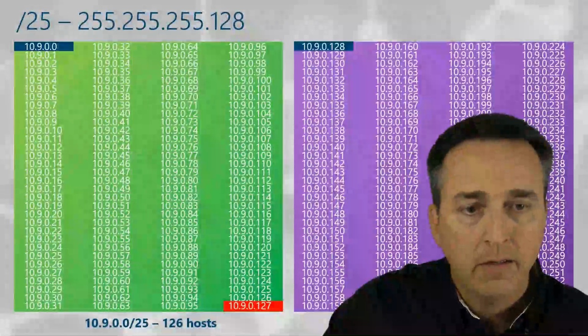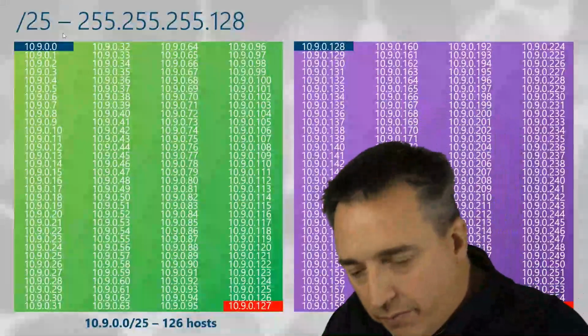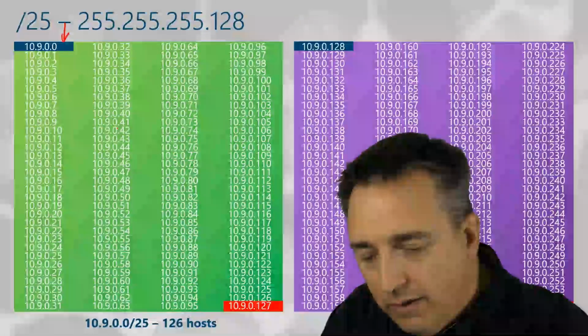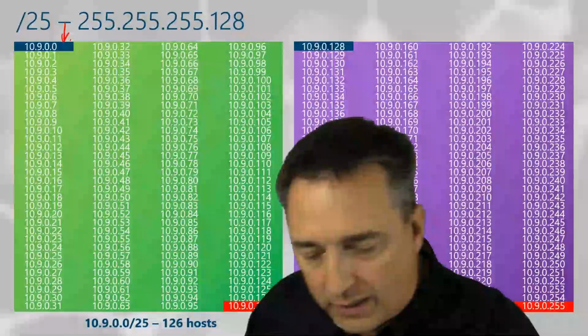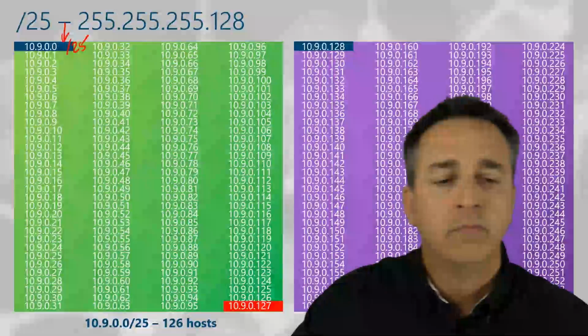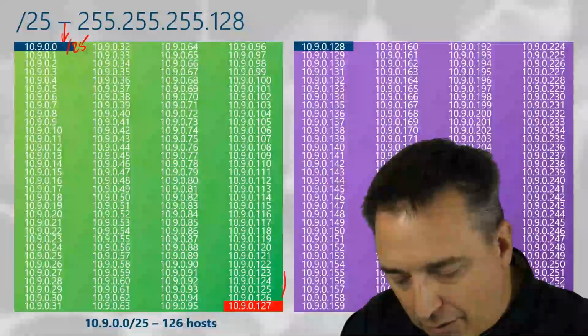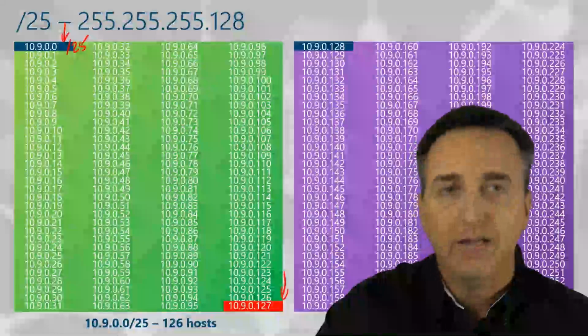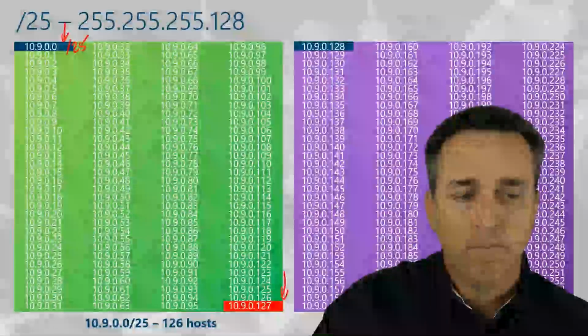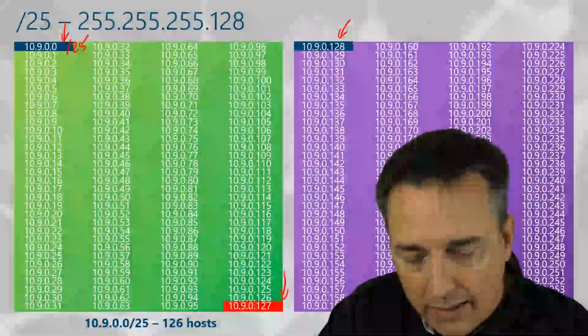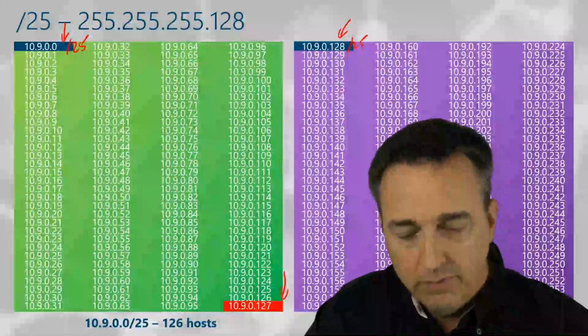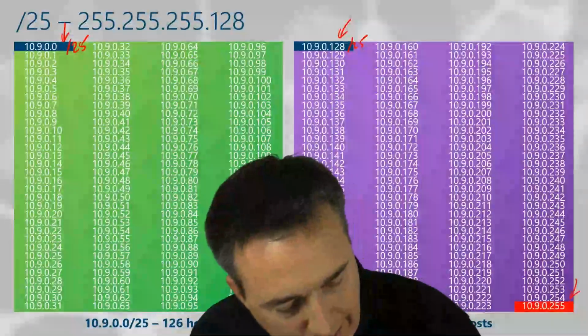Okay. So now look at your network ID. You still have this network ID, but instead of it being /24, what is it now? It's /25. The subnet mask changes that. Look at the directed broadcast address now. It's 10.9.0.127. Look at this next network ID, /25. Look at this other directed broadcast address now. It's 255. We've cut it.